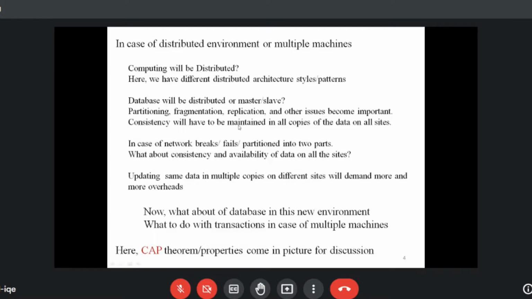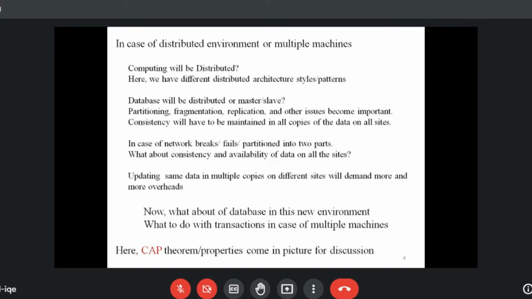So consistency will have to be maintained in all copies of the data on all sites. In case the network breaks, fails, or is partitioned into two or more parts, then what about the consistency and availability of data on all sites? Because of several reasons, there may be a possibility that the network is failed, broken, or partitioned.